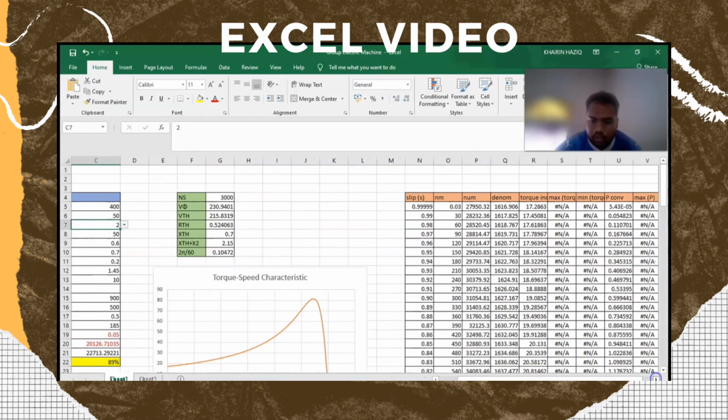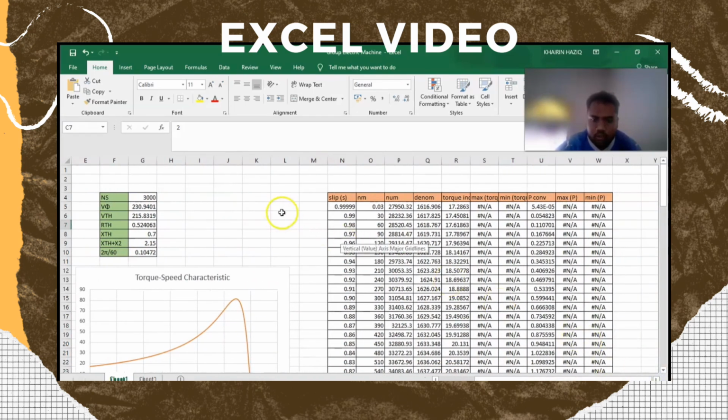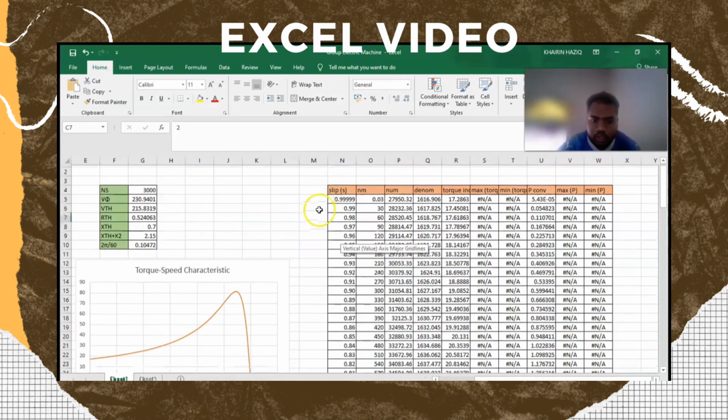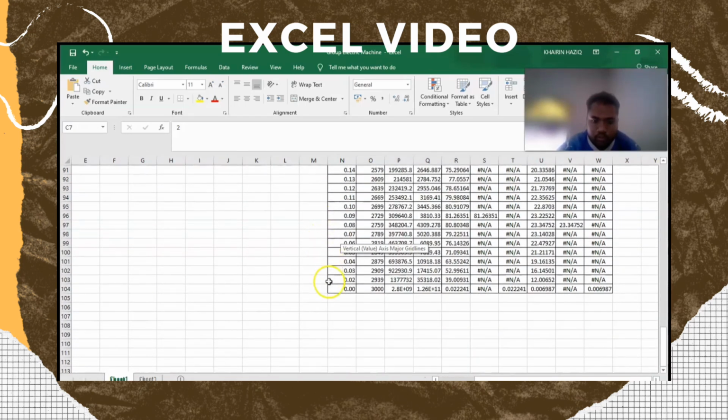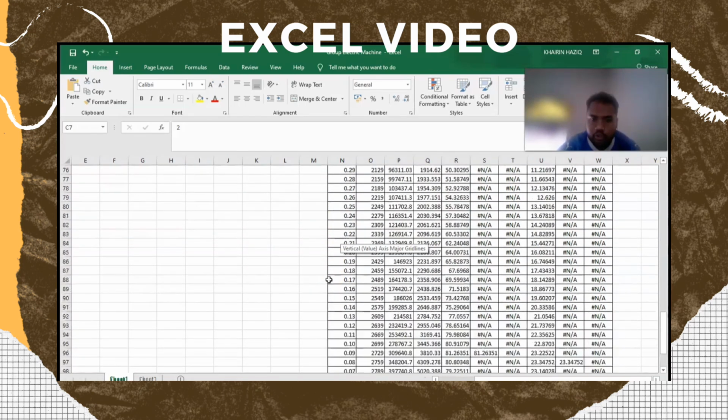And last but not least, this is the table for what we have calculated. We have slip. We start slip from 0.99 until 0.00 with an interval of 0.01.